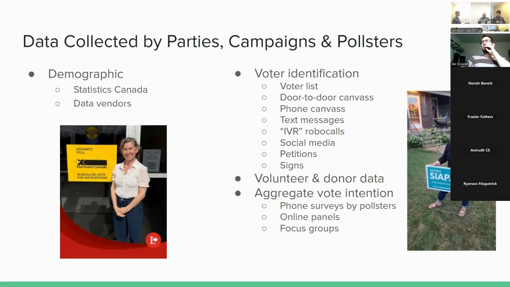Beyond demographic data, and by the way, that is some of the data that parties use to fill that gap. We can't ever find out who voted for sure, but you can make a pretty solid guess about what direction someone might lean.